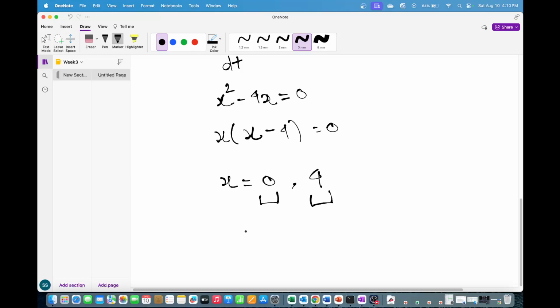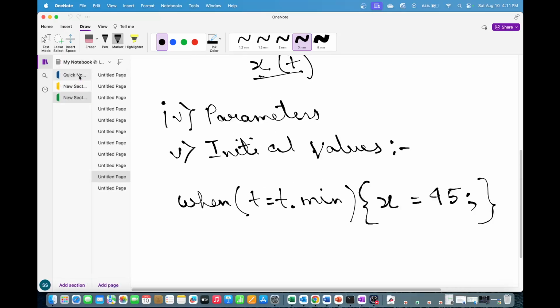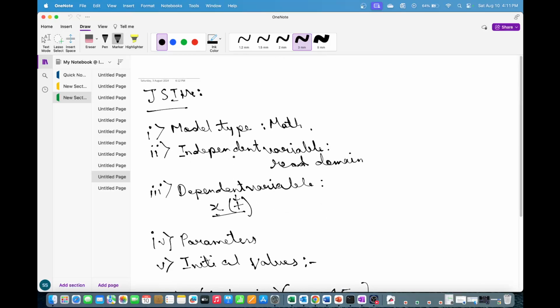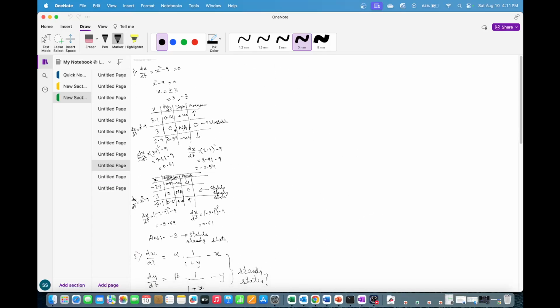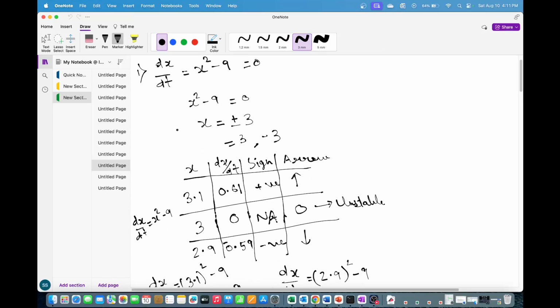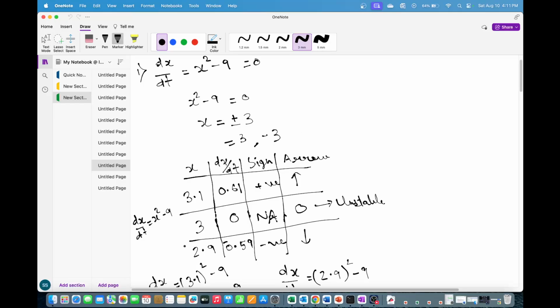I'll just do this for one example. For the next times, since I've already solved this sum, I'll tell you which is stable or unstable. Now if you remember from last time, this is the problem we were working on in the last class. This is how we calculated stable or unstable steady state.